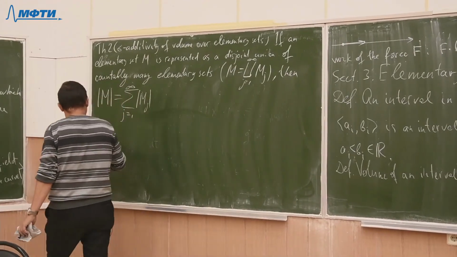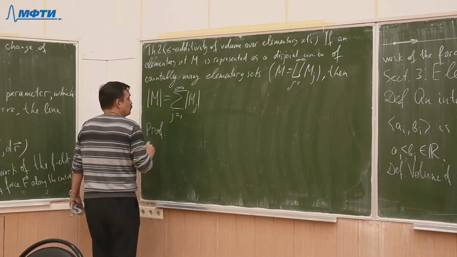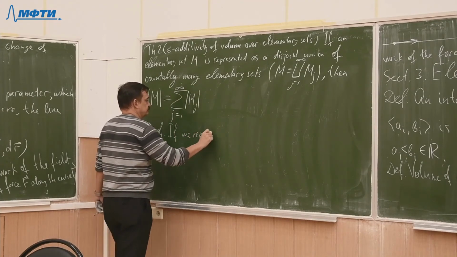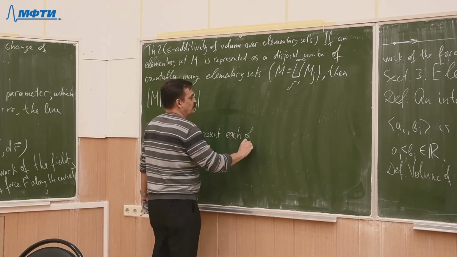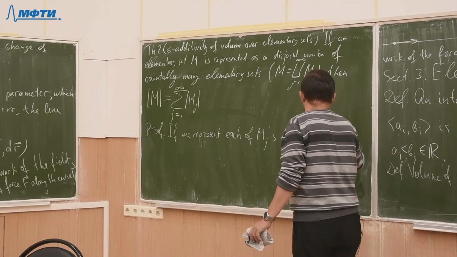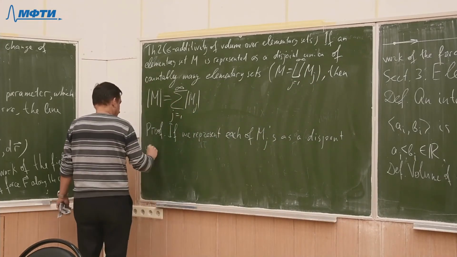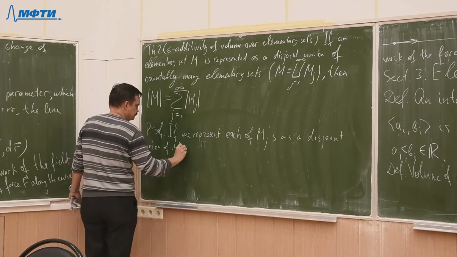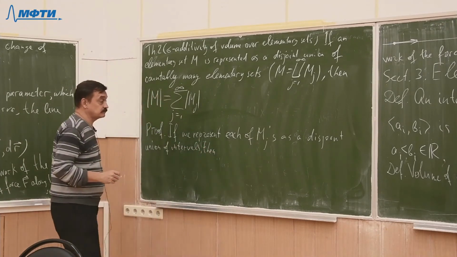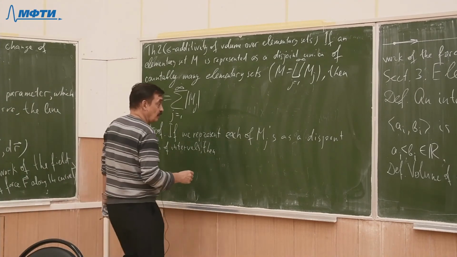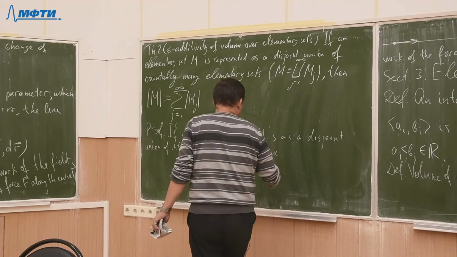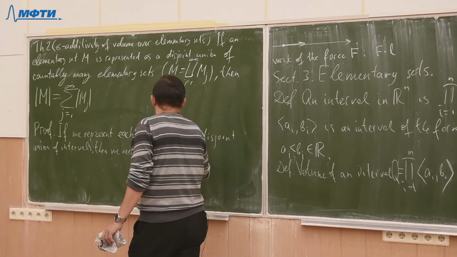For the proof, if we represent each of Mj's as a disjoint union of intervals, then we need to prove the following.